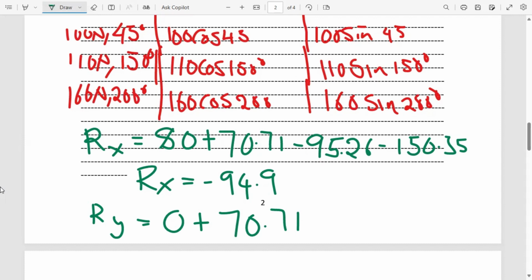Then we have 110 sine 150. This is giving me 55, so I'll say plus 55, and plus 160 sine 200, which is giving me negative 54.7. Okay, so this is what I have.